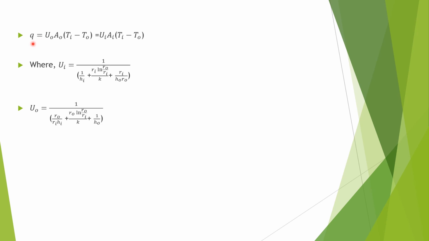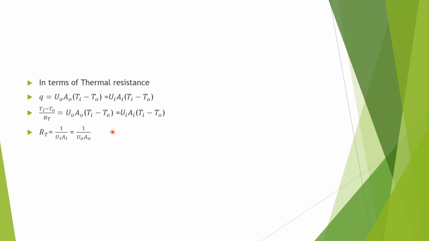So we have written over here Q, this formula. Now here Ui in this case is this term and Uo in this case is this term. So even if we find out Uo or Ui, the overall rate of heat transfer will be same. I hope you understand these terms.